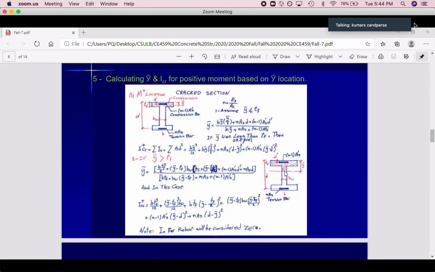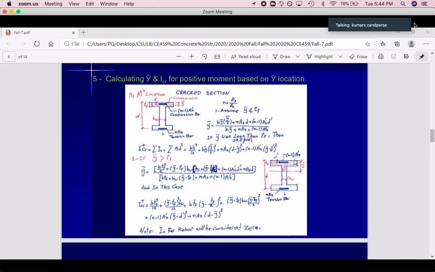That's the area of the web, times center of this to the top, which is (y bar minus TF) divided by 2, plus TF. That's it. So that's for this section. Please try to rewrite this by yourself based on the parameters. In this case, you will understand completely.